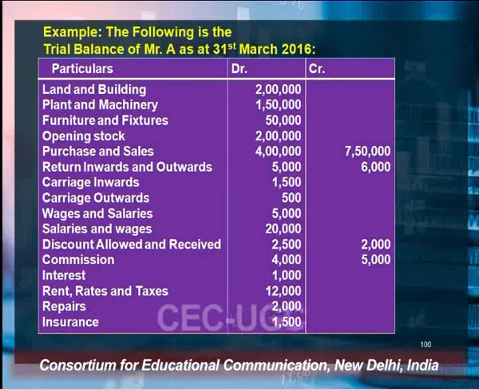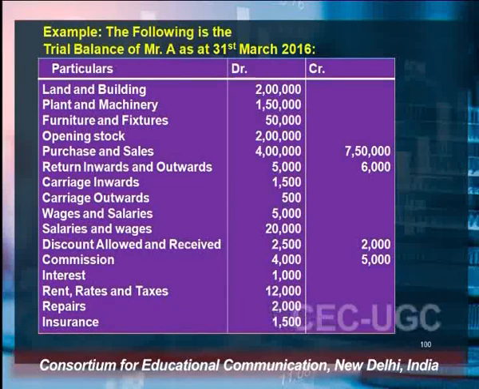In our previous lecture, we talked about the types of expenses, wherein we talked about direct expenses and indirect expenses. Direct expenses are those expenses which are directly related with production, and indirect expenses are those which are not directly related with production but are necessary.